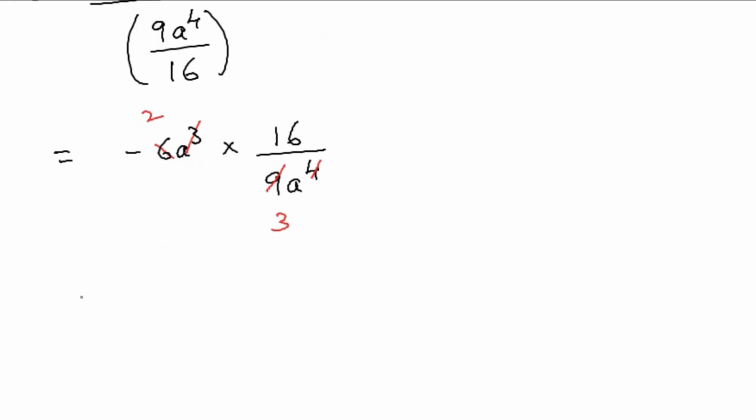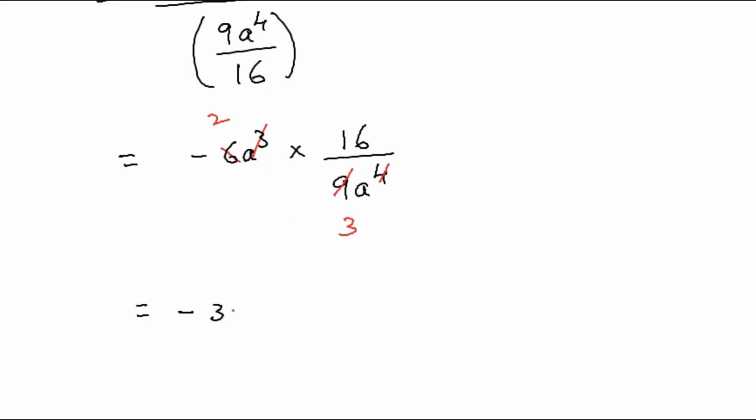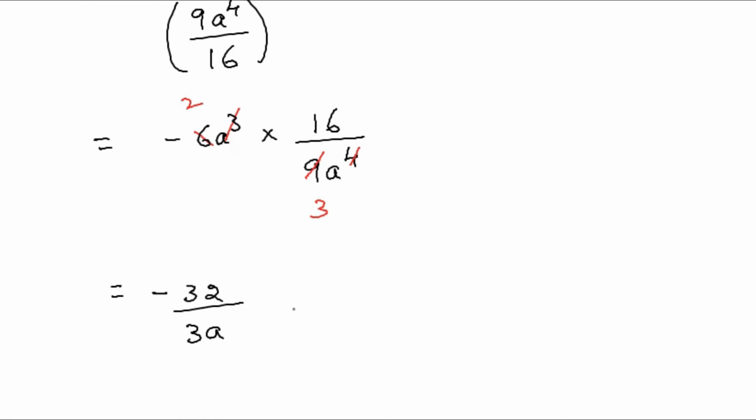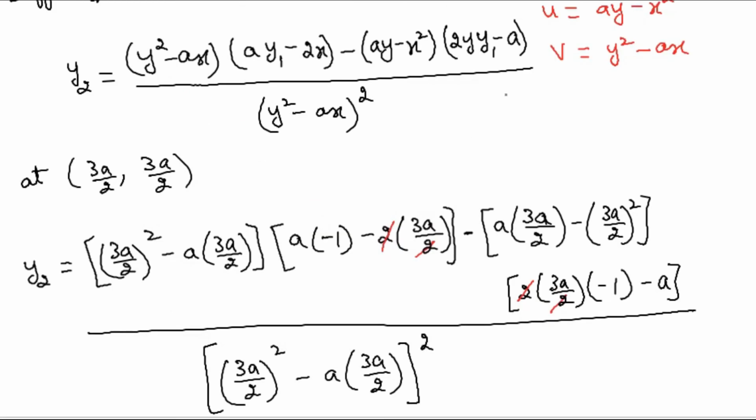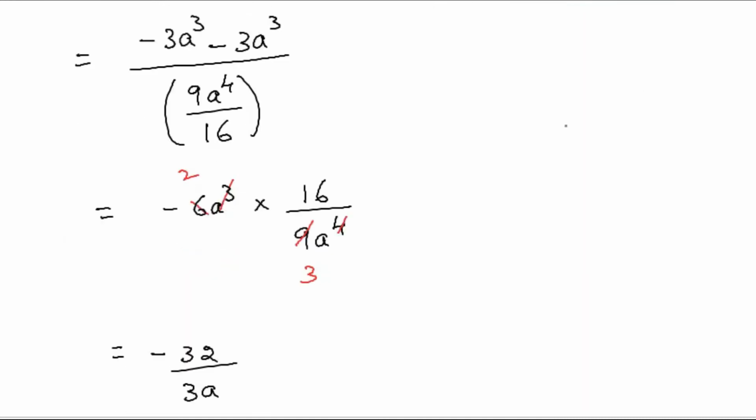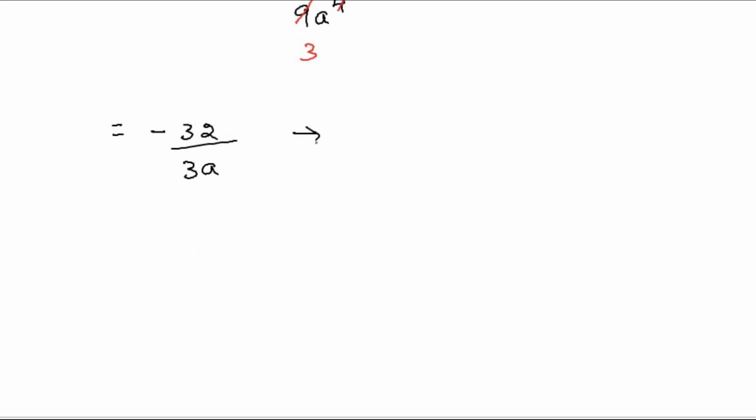So hence we get the value to be equal to minus 32 divided by 3a. So we got the value of y2. The value of y2 in terms of x and y is this equation. We'll take this as equation number 4. Now this equation that I have got, let me take that as equation number 5.